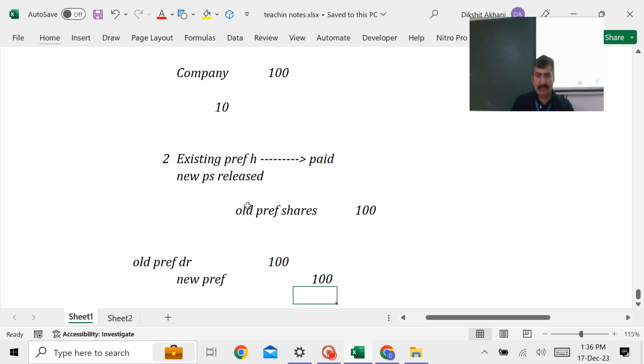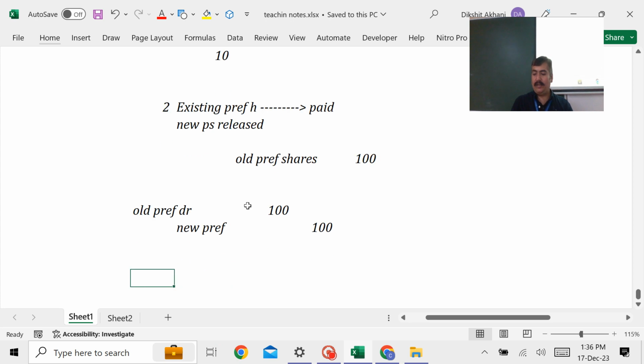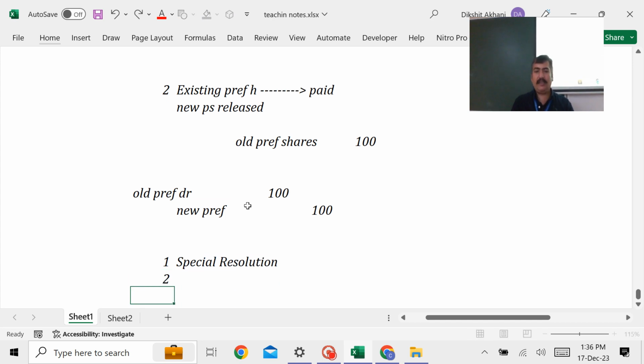Condition number one is, write down. Condition number one is like you have to pass what? Special resolution. Without that you can't go ahead. And second is, guys, you have to get, so not a special resolution, my bad, मेरी गलती. Because special resolution is the thing where equity shareholders can vote. This is the pure matter of preference shareholders, तो उनको क्यों ऐड करें?